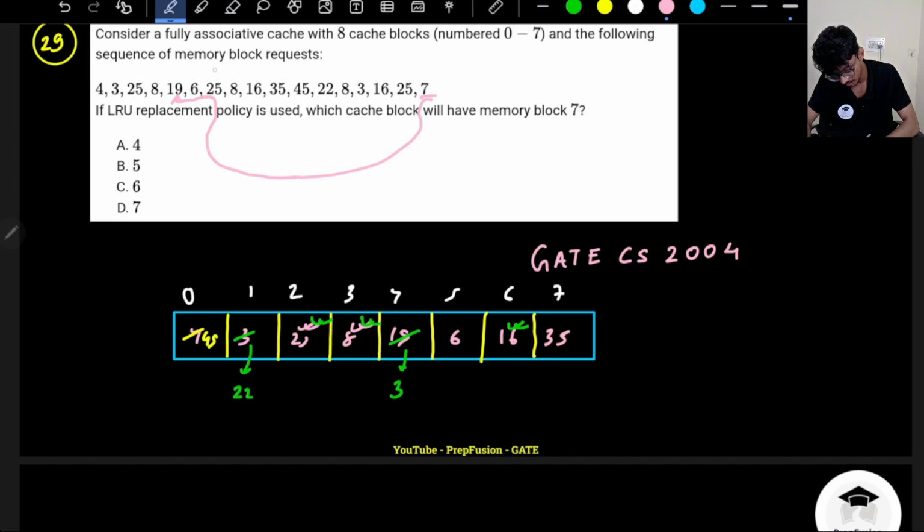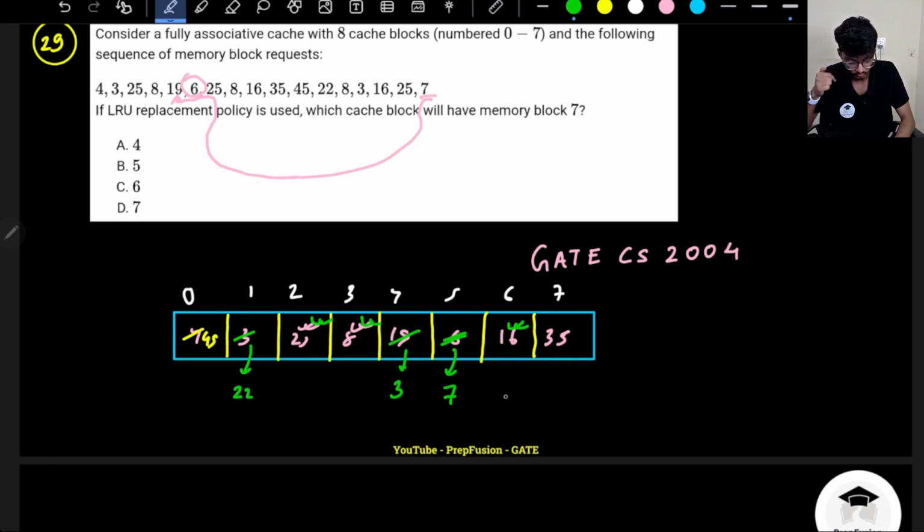After 19, only 6 was the one that was least recently used. So here 6 will be replaced with 7. Finally it will be 7.